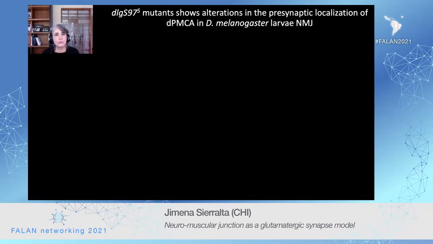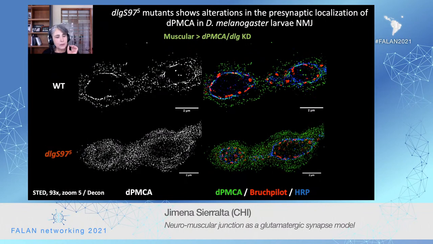So we looked for more subtle alterations, looking at how they distribute. And you can see clearly that the wild type shows these clusters of PMCA that are not present in the DLG mutants, or the clusters are much smaller.